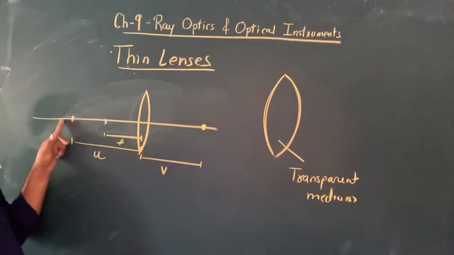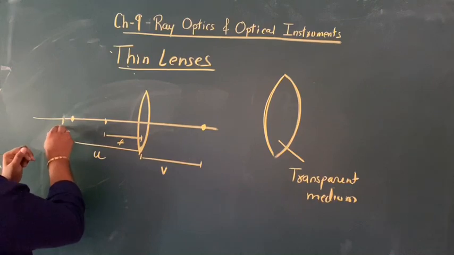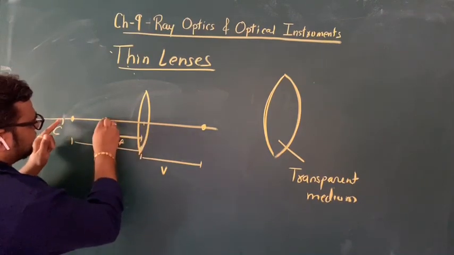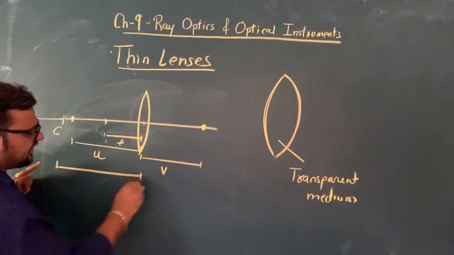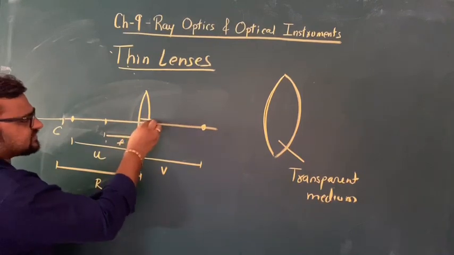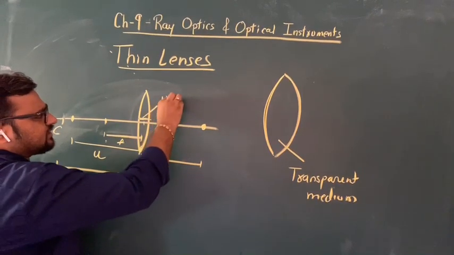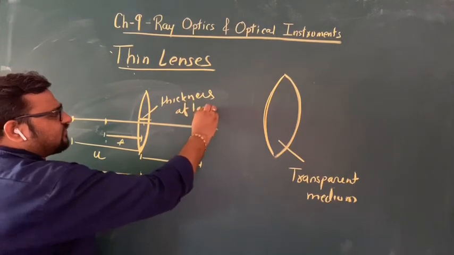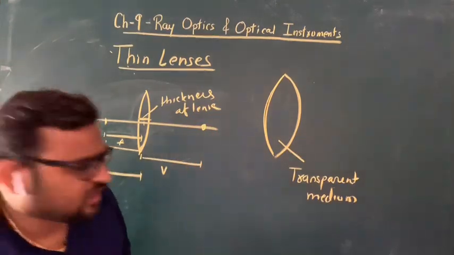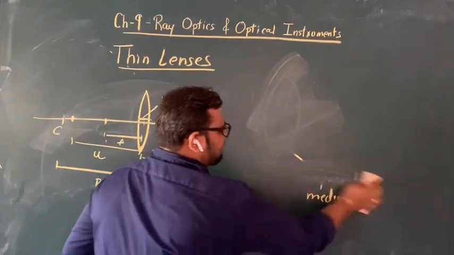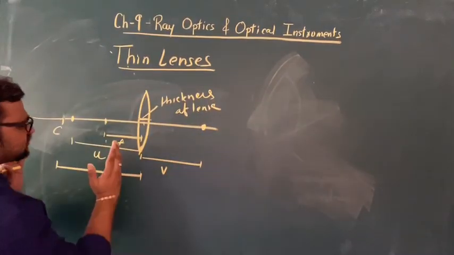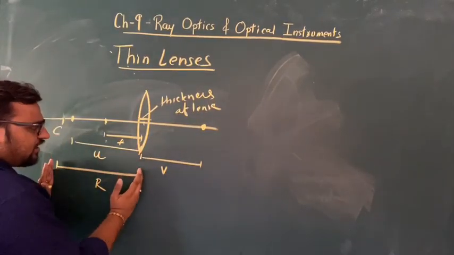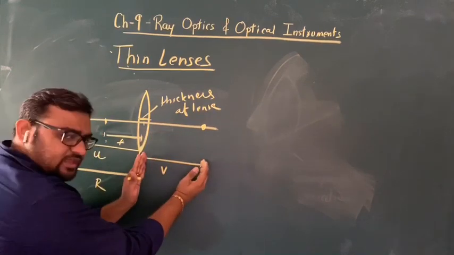If this is the center of curvature at this point, this is the radius of curvature, and this is the thickness of the lens. So what can you see here? Compare the distances u, R, f, v.